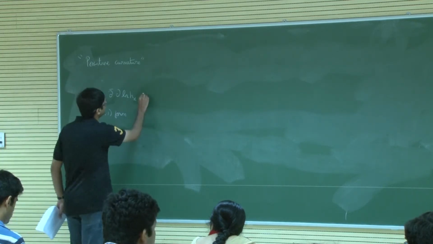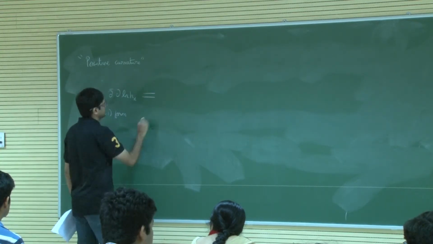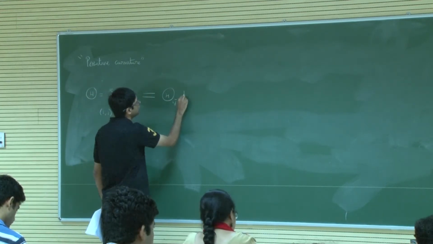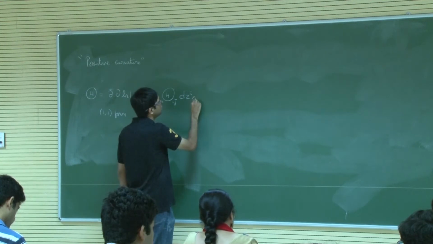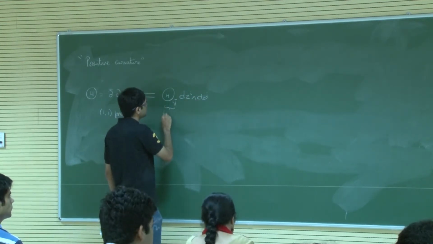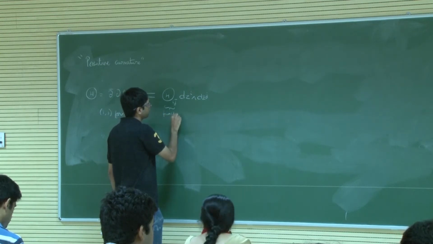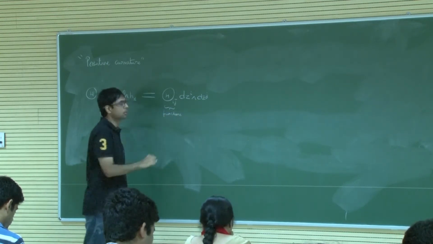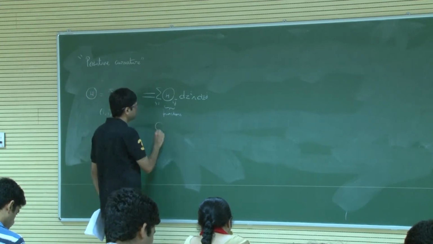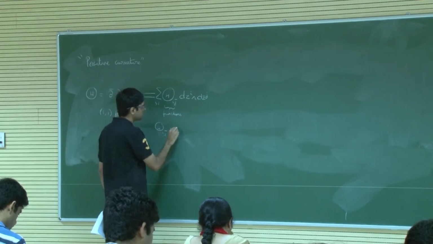So this is locally some sum over i, j of theta i j bar dz_i dz_j bar, where these are functions. This is actually a matrix.